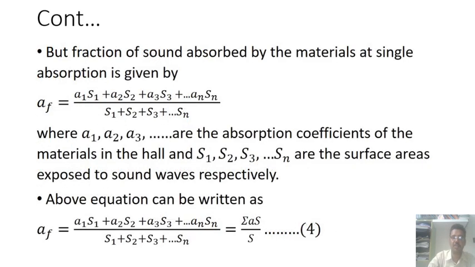After knowing this concept, the fraction of sound absorbed by the materials at a single absorption is given by AF equals A1S1 plus A2S2 plus A3S3 up to ANSN, divided by S1, S2, S3 up to Sn, where A1, A2 are the absorption coefficients of the materials in the hall, and S1, S2, S3 are the surface areas exposed to sound waves respectively.